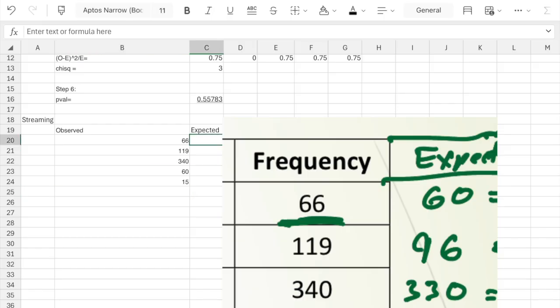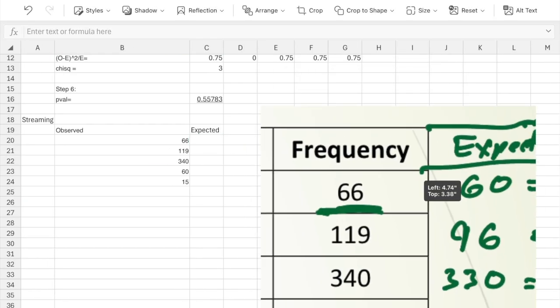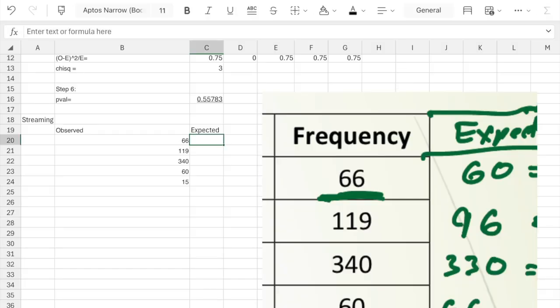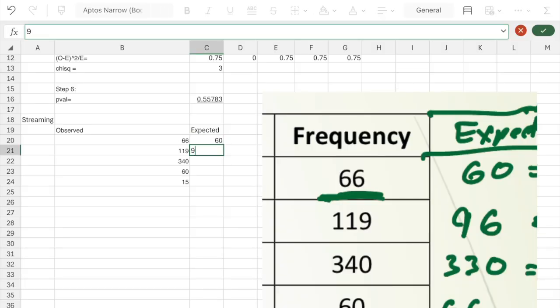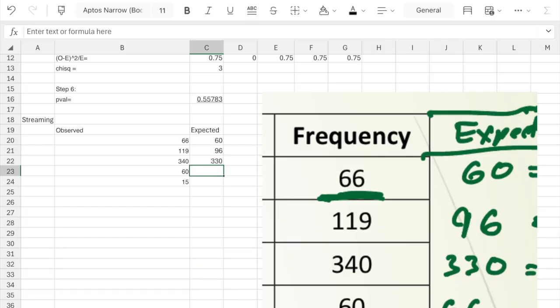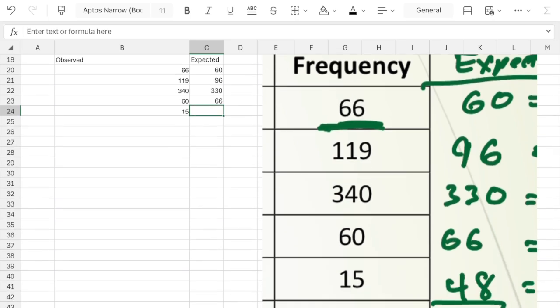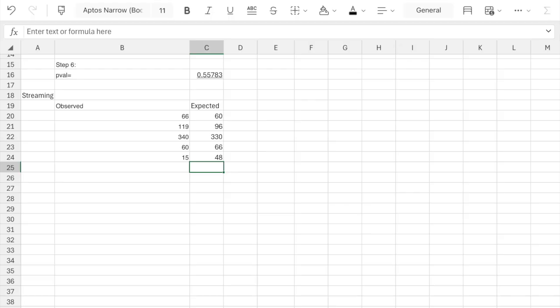And expected is going to be 60, 96, 330, 66, 48. All right, there we go.